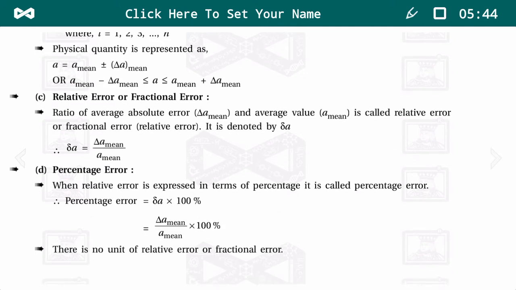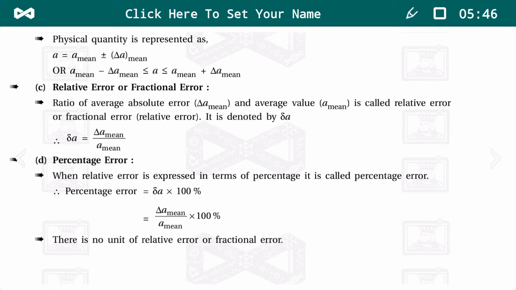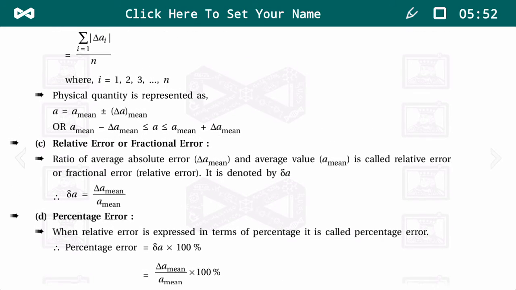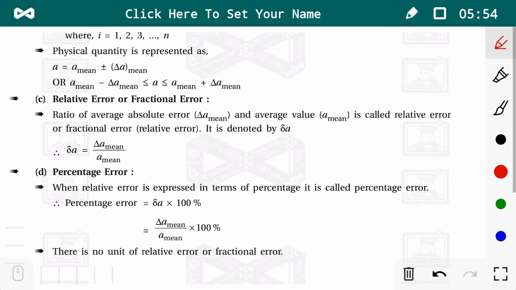Now relative error in fractional form is delta A upon A, with the delta in the numerator and without the delta in the denominator. This is said to be the relative error. If you want to find the percentage error, you multiply this relative error by 100.